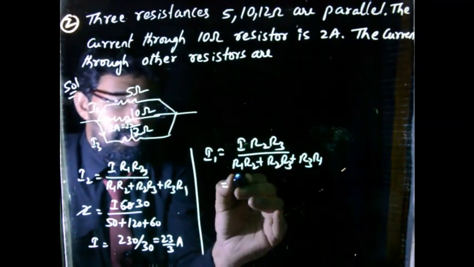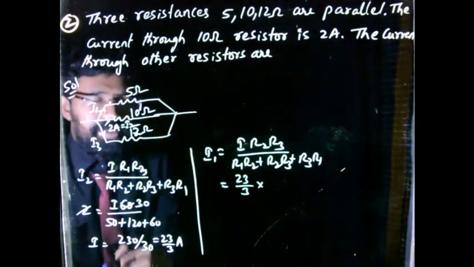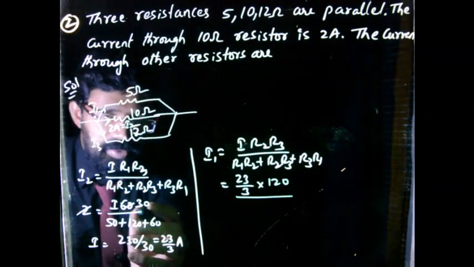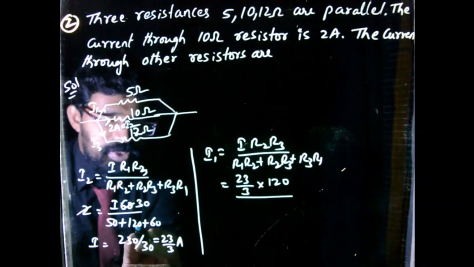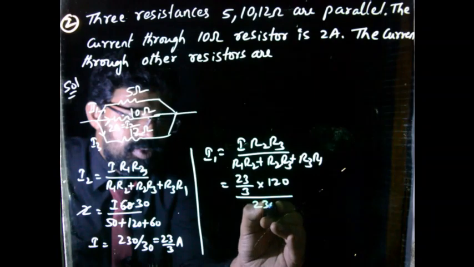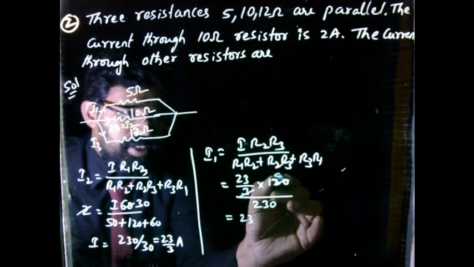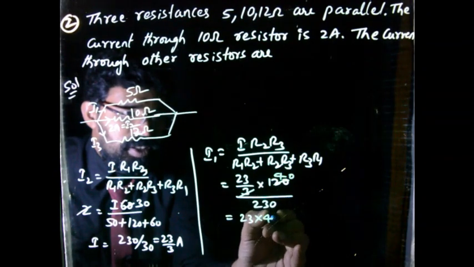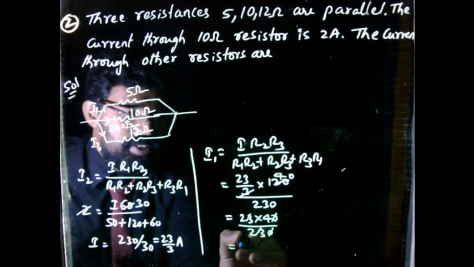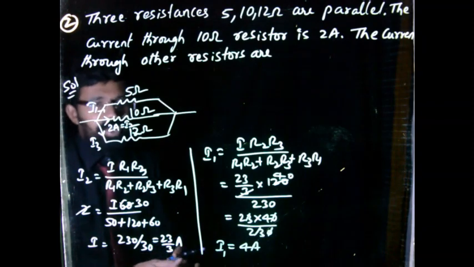I is 23 by 3 into R2 R3, 10 into 12, that is 120. And in the denominator, earlier we have calculated, 50 plus 120, 170, 170 plus 60, 230. Directly you can write 230 here. This is 40. 23 into 40 by 230. 23 gets cancelled, 4 amperes. So I1 is 4 amperes.